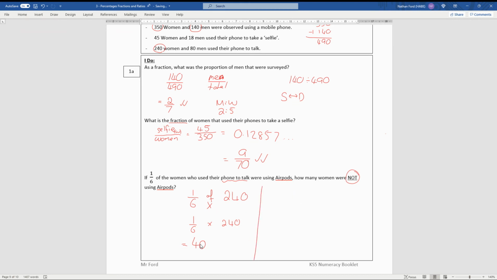So there's 40 there. The rest, we want to do 240 minus 40 to find out who weren't, which is 200 women. Okay, so this is the nicest and easiest way, and you can do it with other ways, but this is one way that you can all use.